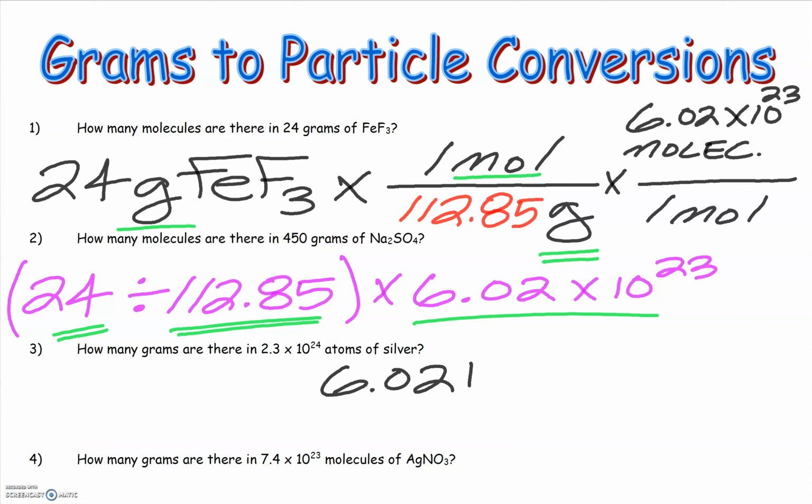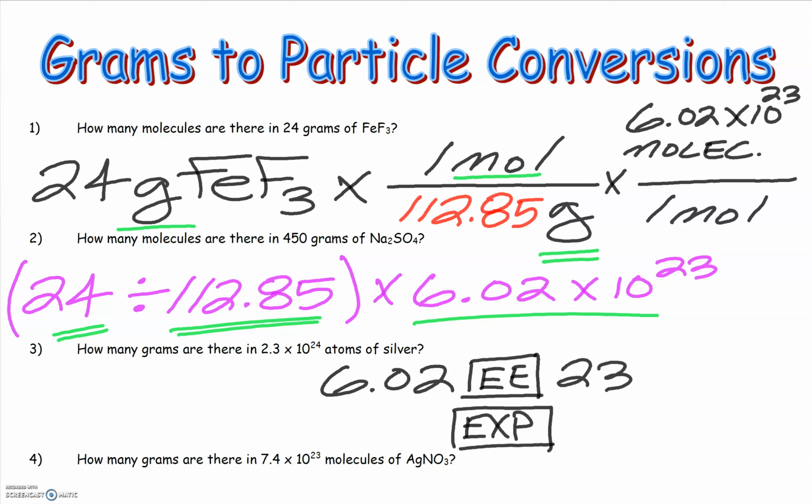You can look for a button that is either a double E or an EXP. Both of those mean exponential. And then plug in 23. What these buttons mean is times 10. So you don't need to hit times, you don't need to hit 10. So that's option 1.